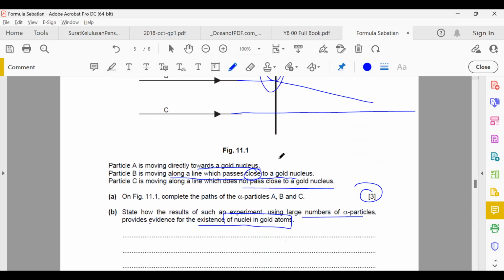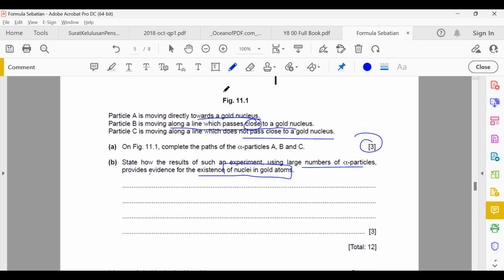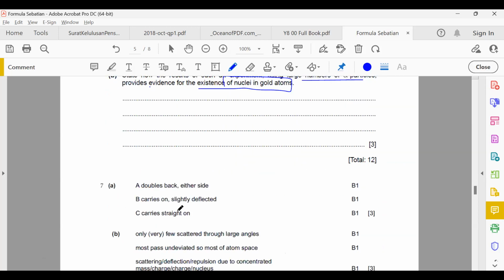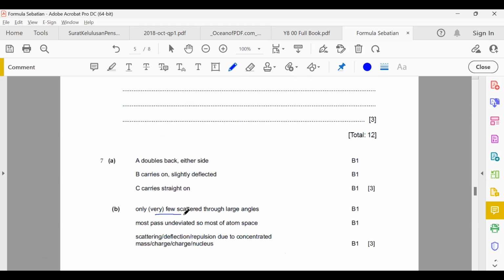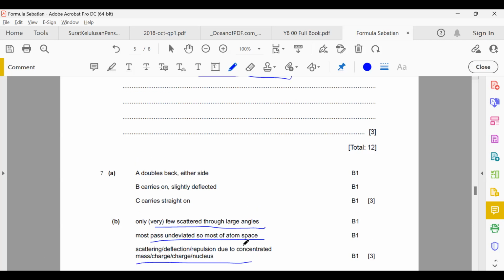They're supposed to say something like very few alpha particles scattered at a large angle. Most of them pass through undeviated through empty space, and this is because most of the mass is concentrated in the nucleus.